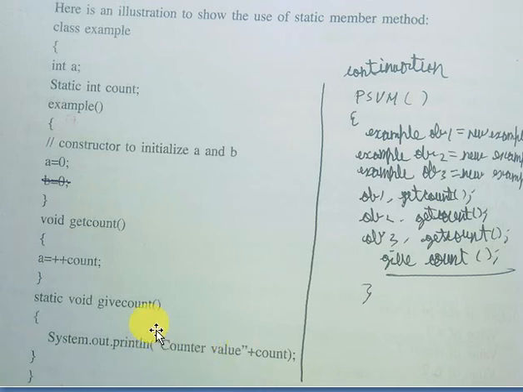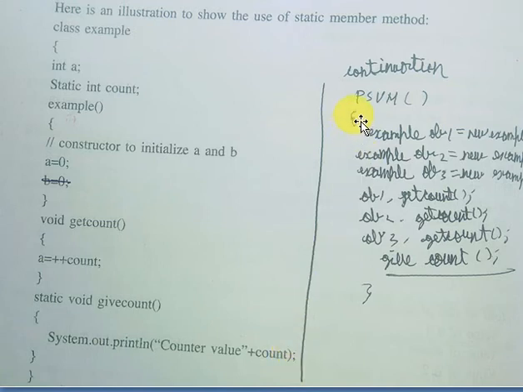A static function can access static variables or local variables only. In our case, we don't have any local variables. The static variable is there, that is accessed, not the instance variables. Let us see how it works.